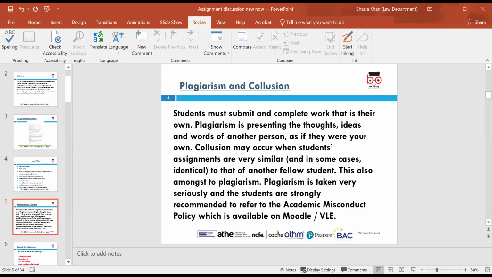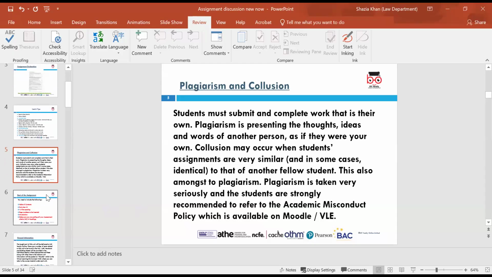Again, plagiarism and collusion is when you submit your work, it's really important, because you are presenting someone else's ideas, you need to make sure you're referencing everything. Collusion is someone else's work that you are plagiarizing. So it's taken very seriously, and you must refer to the academic misconduct policy, which is on Moodle.